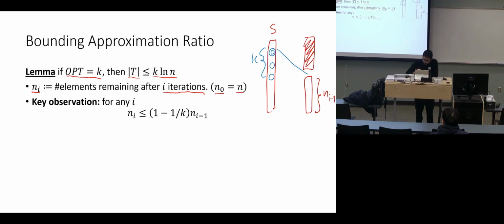In particular, it must cover everyone here. Right? So among the optimal solution, there must be one set that covers a 1 over k fraction of these remaining elements. So there exists a set that covers that fraction of the remaining elements.